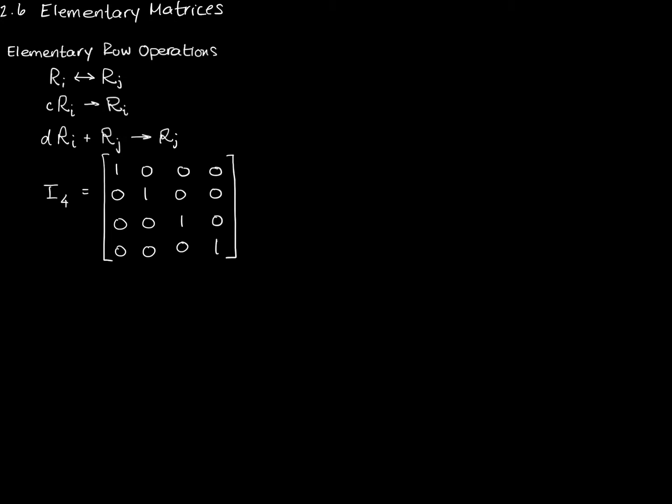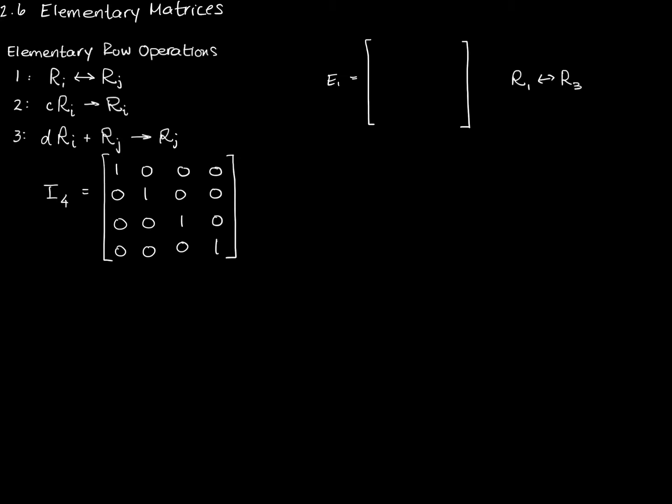To make my notation clear, I'm going to call this row operation 1, row operation 2, and row operation 3. And I'm going to create 3 new matrices. I'm going to call them E1, E2, and E3. E1 is the matrix that we get when we perform elementary row operation 1, that is switching 2 rows, on the identity matrix I. In this case, I'm going to interchange rows 1 and 3.